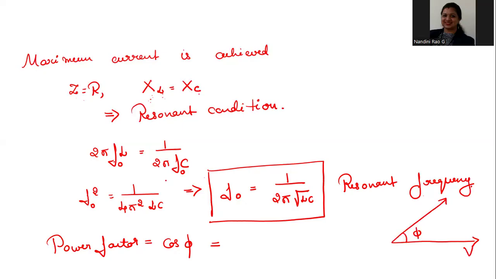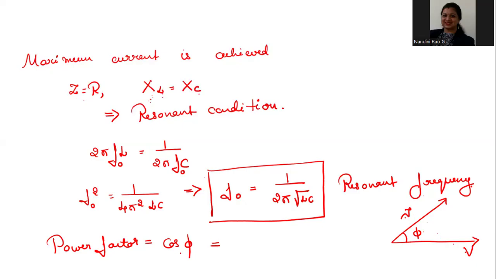We are considering resistance, inductor and capacitor, so I can represent them using phasors. This V is your applied voltage. Remember, I is the resultant current, not just for the resonant condition. This diagram I have written for any series circuit. This is the resultant current and applied voltage.